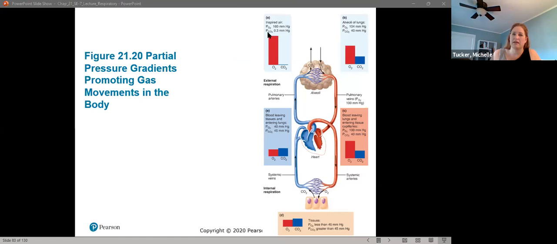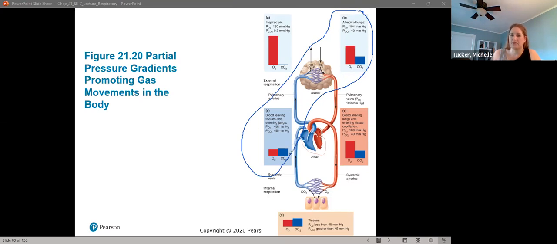Then at the level for external respiration, these are the ones that you are comparing. The partial pressure of oxygen is 104 in the alveoli versus the blood at 40. So that large pressure gradient of 64 pushes oxygen into the blood.